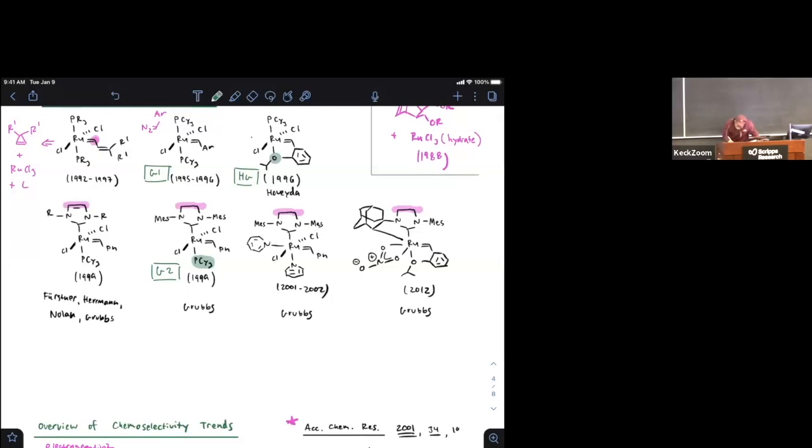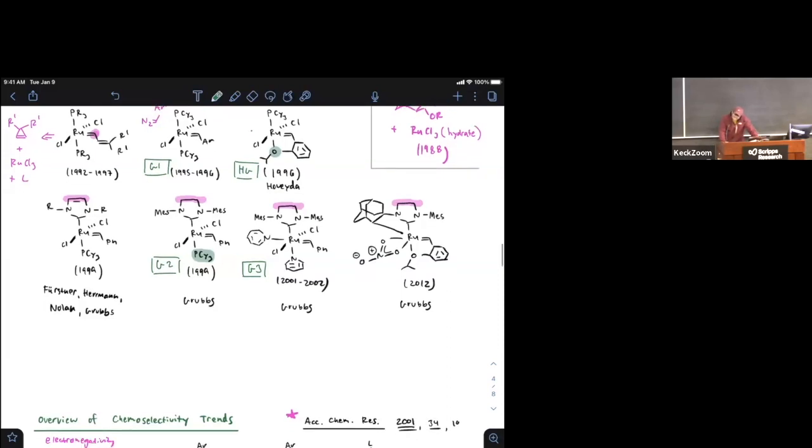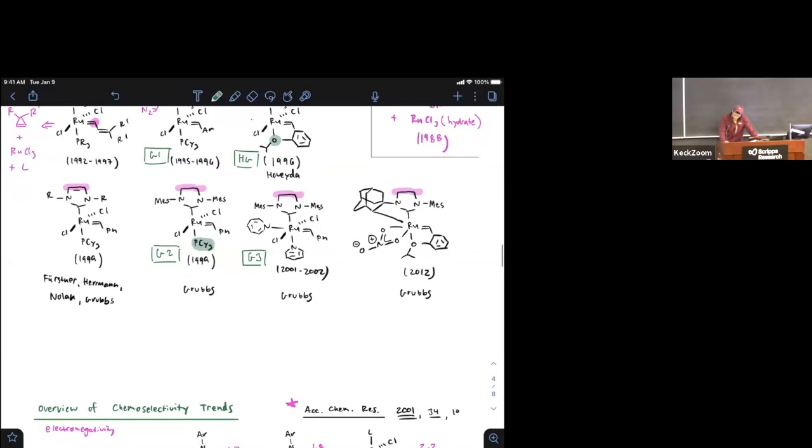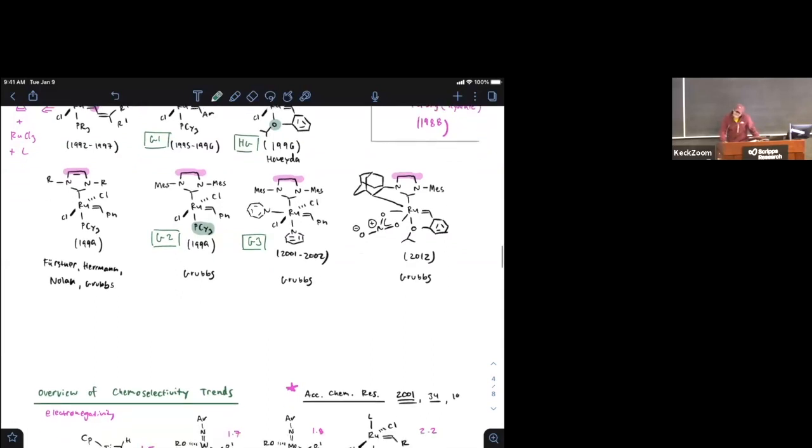The initiation of these catalysts is important. And the standard ones, G1 and G2, that we use as organic chemists are not very fast initiating. So for materials applications, people normally use this bispyridyl-ligated catalyst, which is called G3, the third generation catalyst. We've used it in our lab for synthesis, but in general, it's used mostly for polymer chemistry.